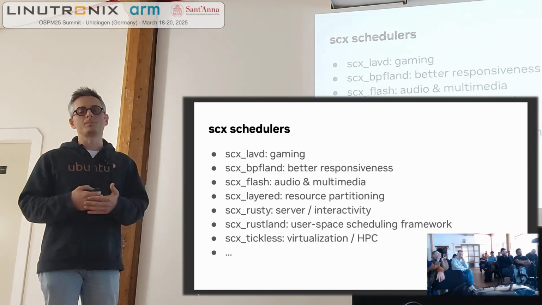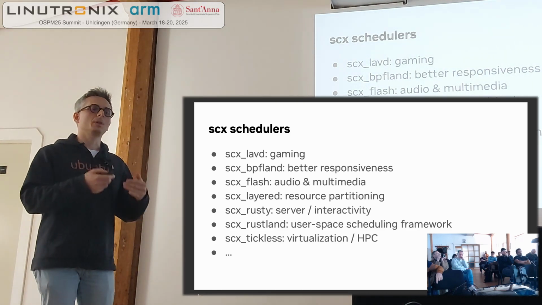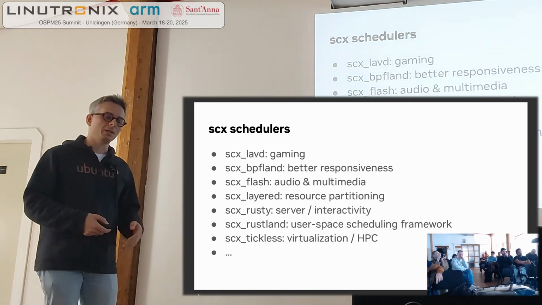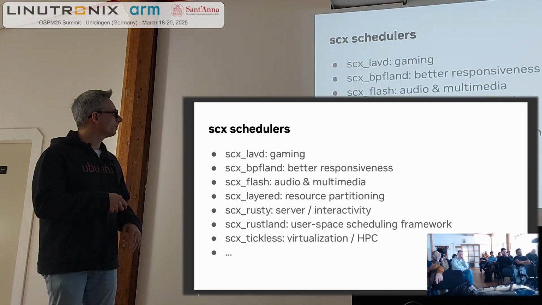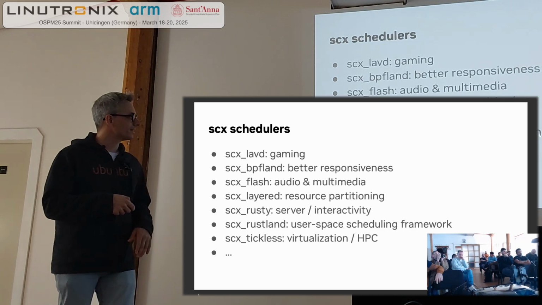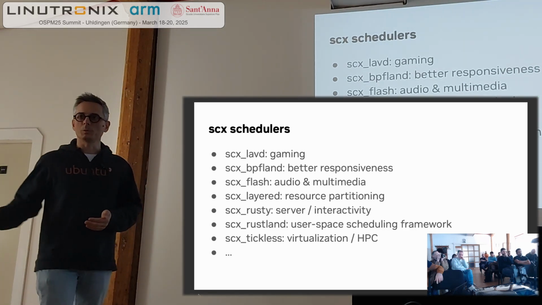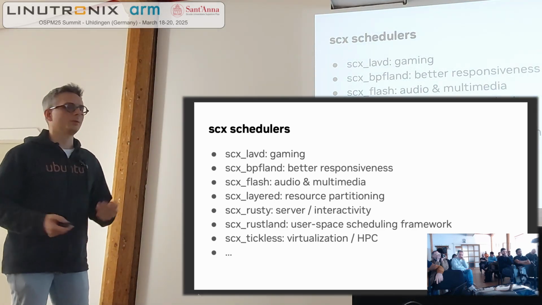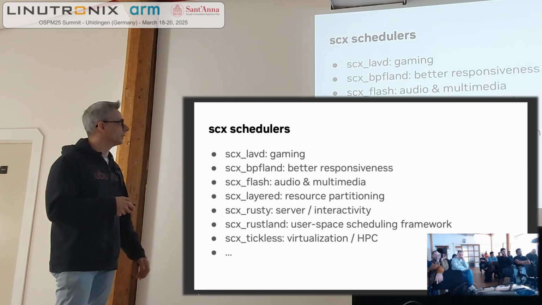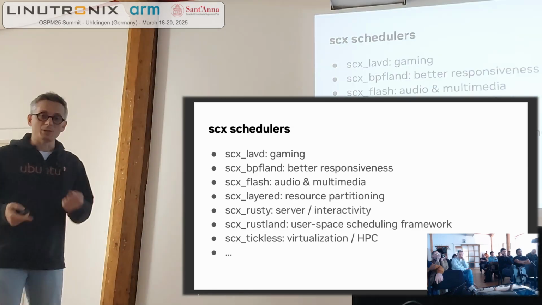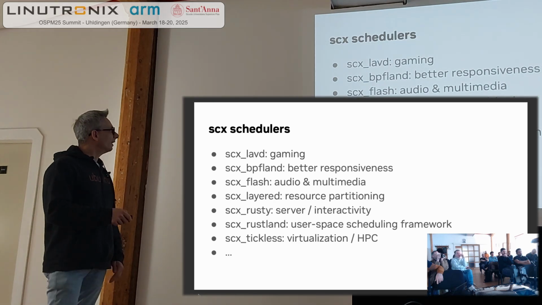So there's a whole Rust API, a Rust crate that you can use to implement your scheduler fully in user space. In fact, I like to define Rustland not as a scheduler, but more like a framework. There's a Rust crate called Rustland Core that you can import in your project and implement your scheduler in Rust, but it's not Rust for Linux. It's user space Rust.